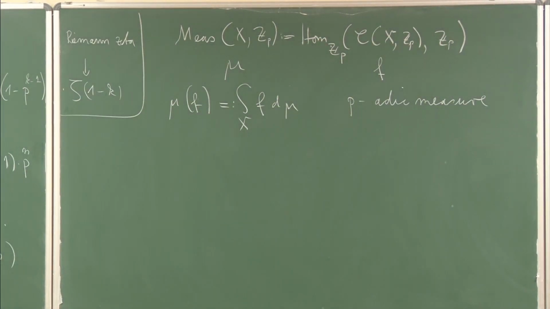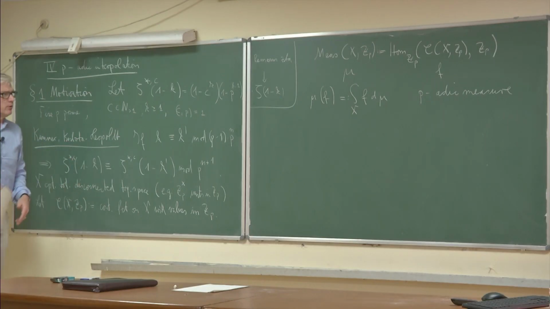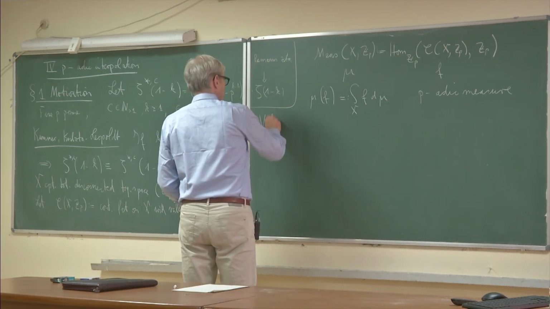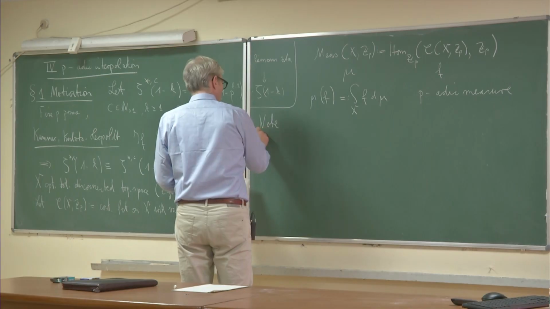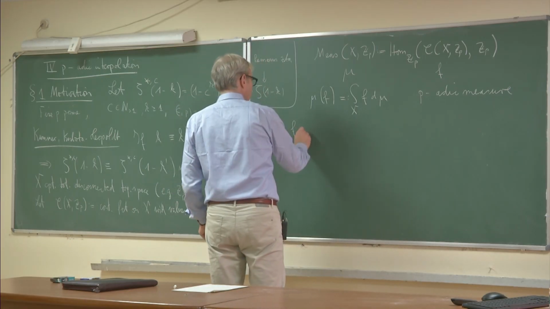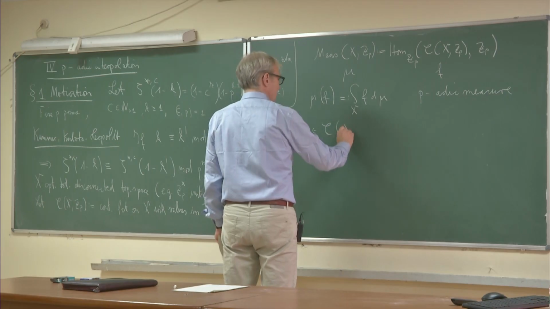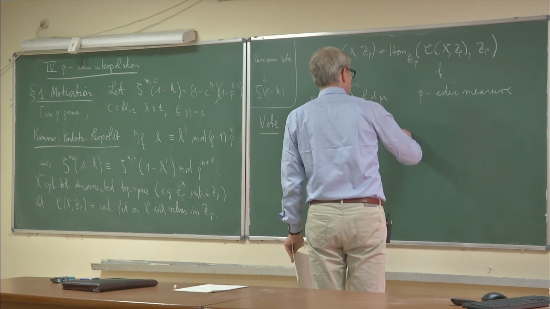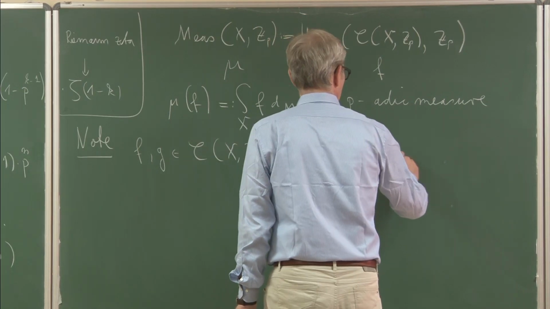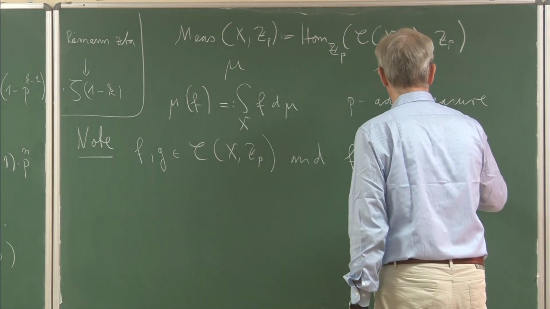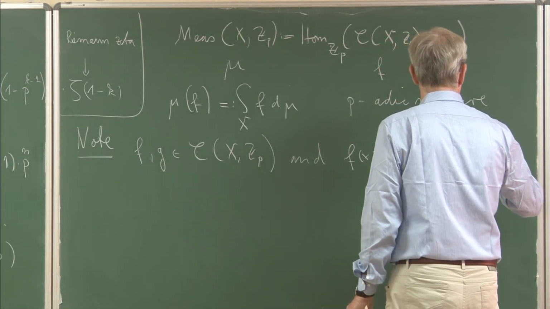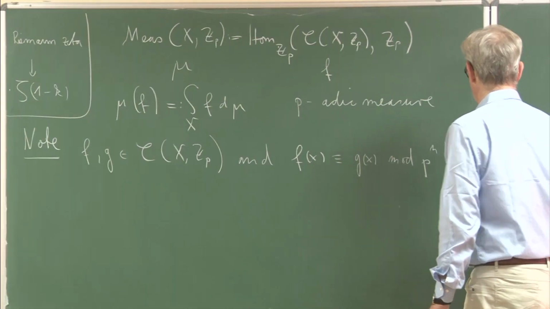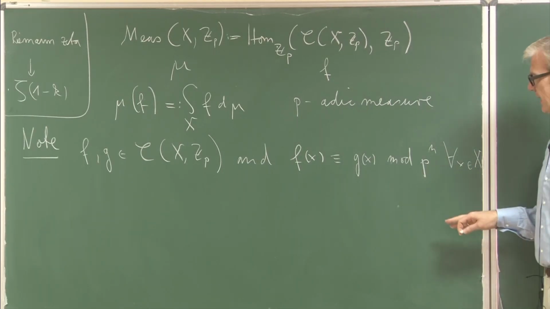Now, why are these relevant to study such congruences? So note, suppose we have two continuous functions f and g, and these functions are congruent modulo p to the n for all elements in this topological space.